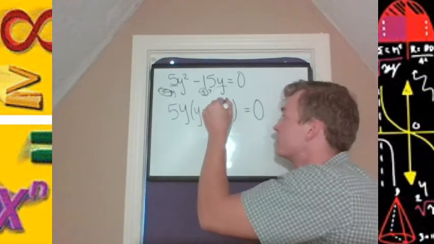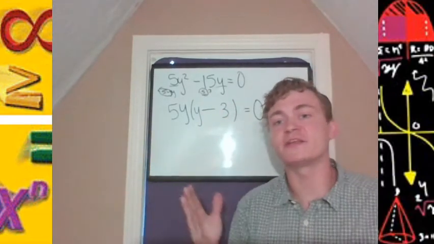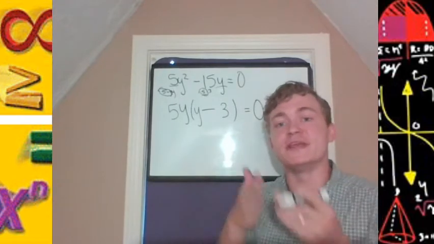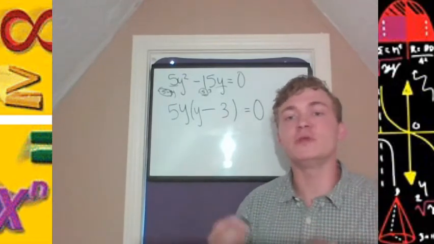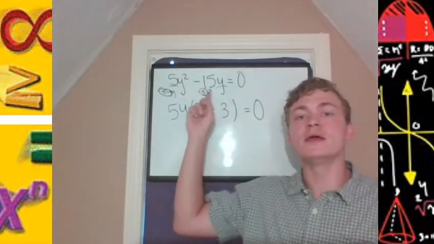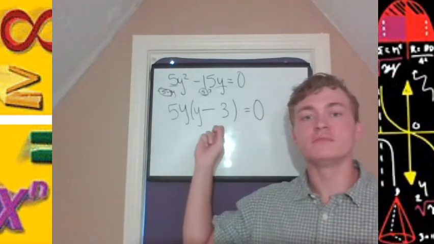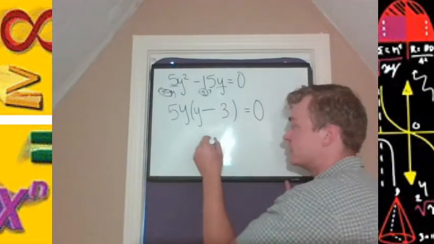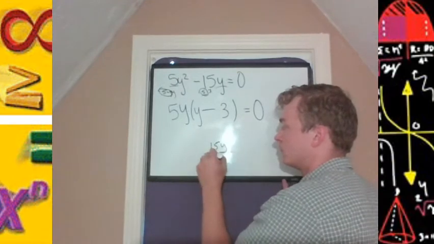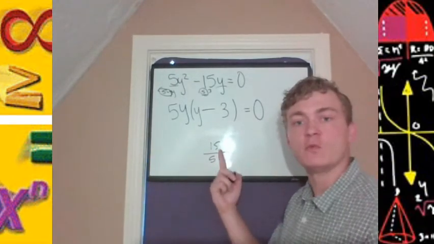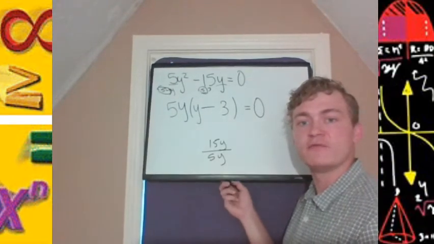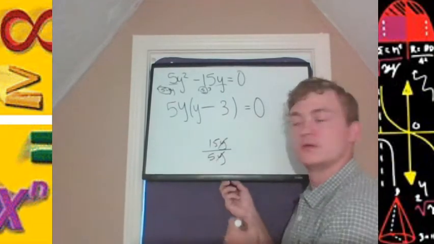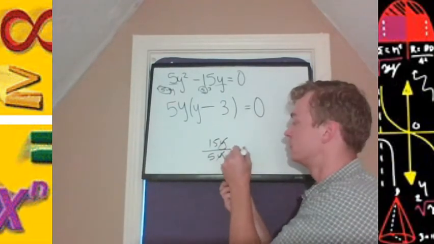factor of 3. And of course, that makes sense because factoring is the opposite of multiplication, so we can view it as division. 15y divided by 5y is 3. The y's cancel, and 15 divided by 5 is 3.